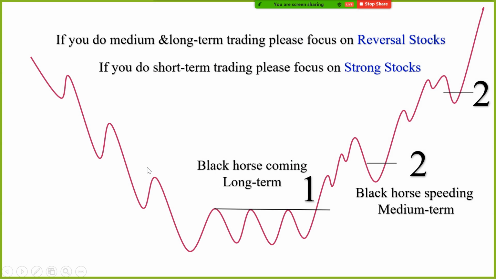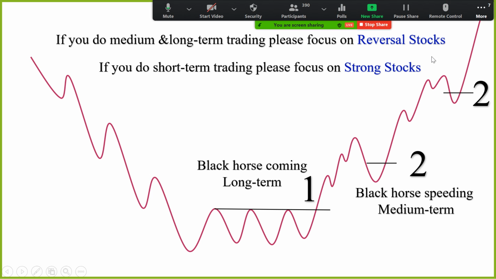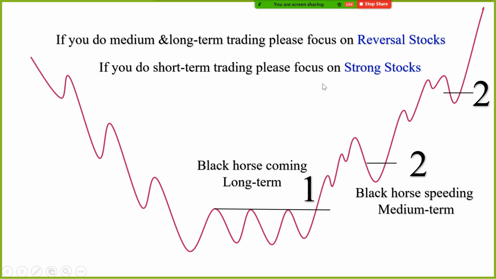Okay, for me, I always repeat my philosophy and my personal recommendation for how to select shares. If you do medium and long-term trading, we should focus on the reversal stocks, okay? But if you do short-term trading, we should focus on the strong shares, okay? Check the two terms. What are reversal stocks?